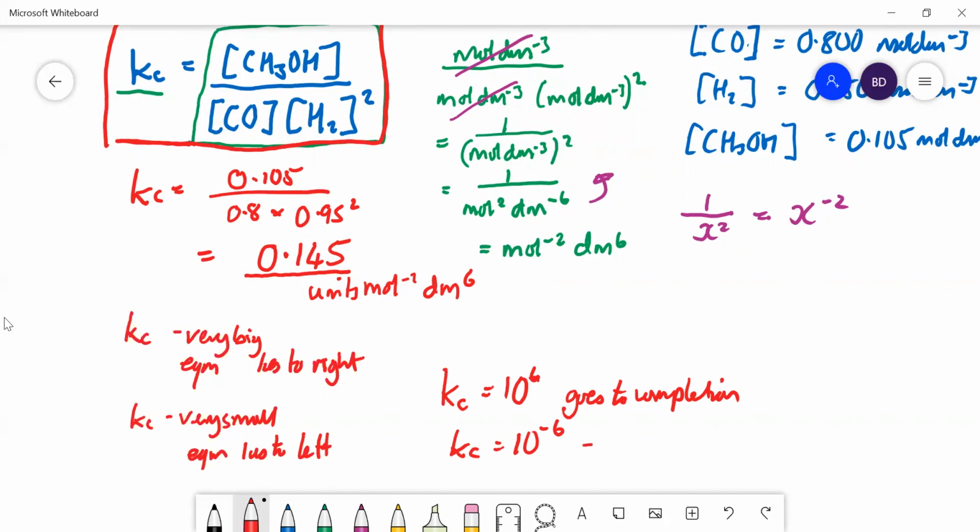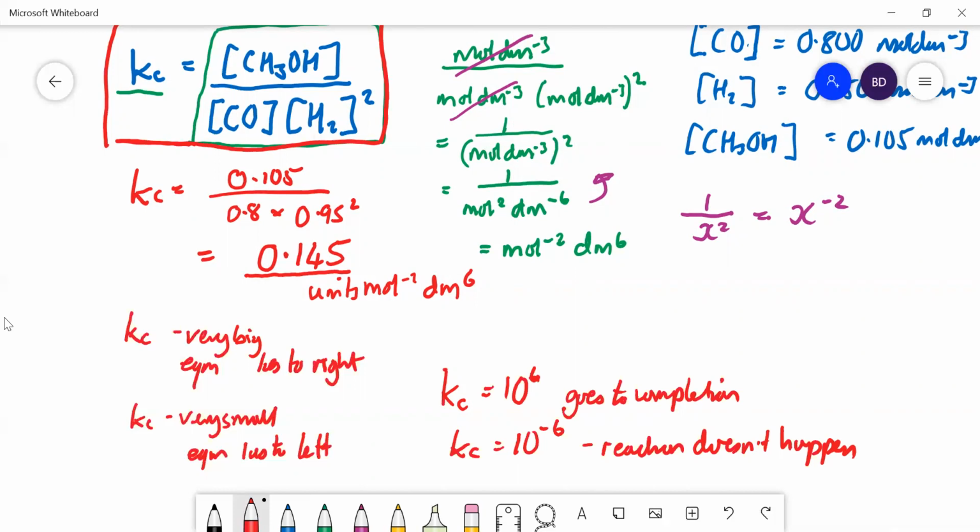You say essentially the reaction doesn't happen. And if you've got a number in between those two extremes, then you do have a genuine equilibrium reaction where you have quite a lot of reactants and products at any one particular time.